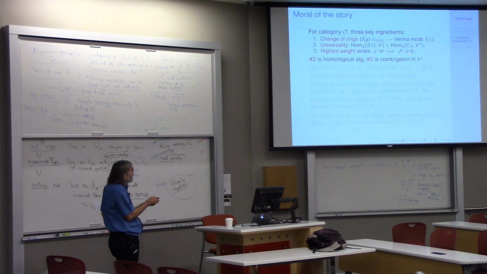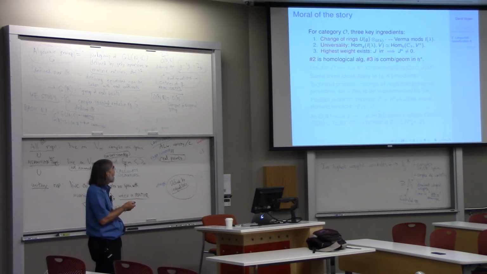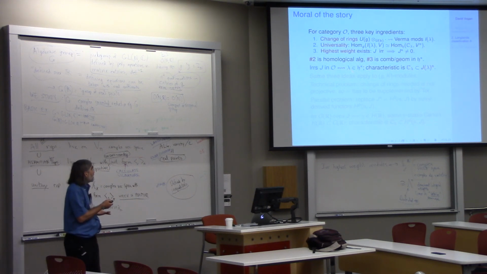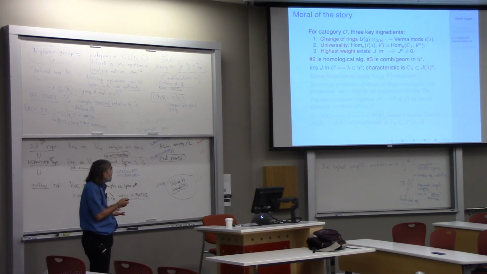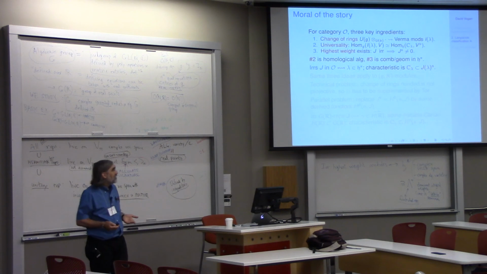This number 3 had to do with the manipulation of weights in H star. And what comes out is that the irreducibles correspond to H star, and the characteristic property of this bijection is that the weight lambda appears in the n invariants.